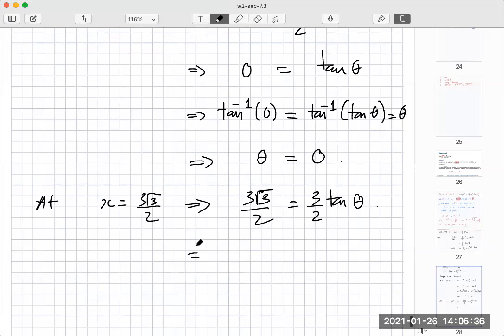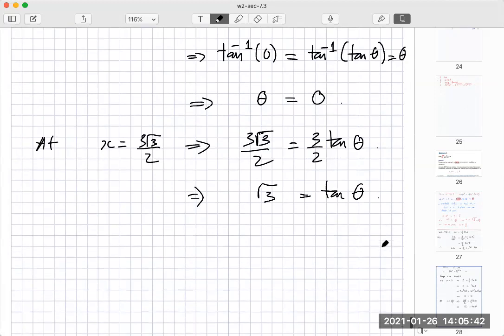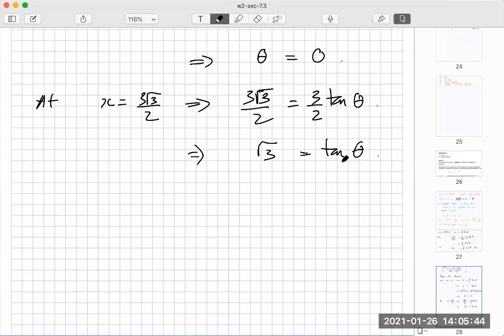Yes, and therefore square root of 3 is tan theta here, right? Okay, what angle has tangent square root of 3? Let us say it again. Pi over 3.